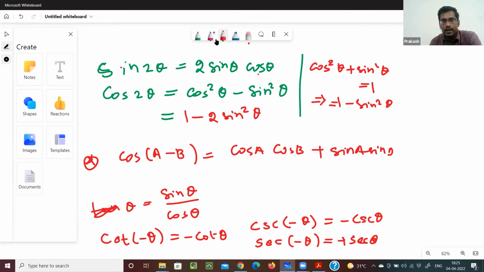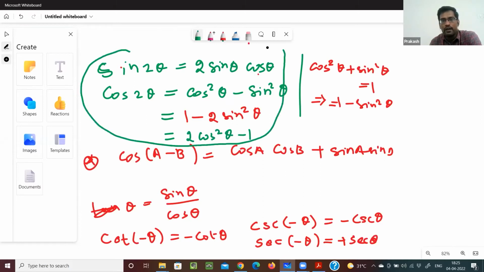Or otherwise, we can write in another form, equal to 2 cos square theta minus 1. These are equal, because here we fix cos square theta and rewrite sine square theta as 1 minus cos square theta, so we will get 2 cos square theta minus 1. These identities are very important for us, because mostly we will use them in integration.